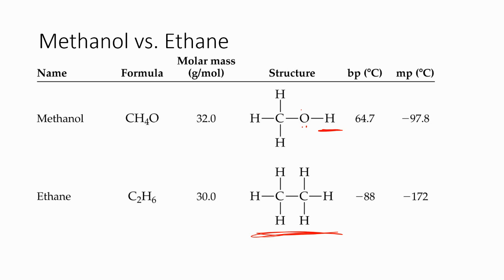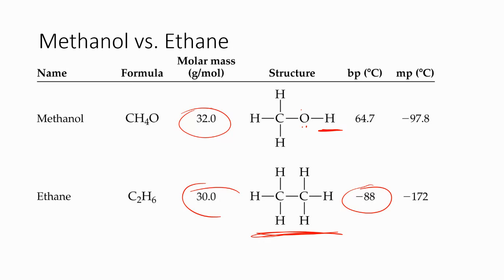Again, why? Because none of those hydrogens are bonded directly to O, N, or F. So I've got these two molecules. They're roughly the same molar mass. That means that their London dispersion forces should be about the same. And yet, we see that you can boil ethane at negative 88 degrees Celsius. That's a relatively low boiling point. It means that it's pretty easy to break the London dispersion forces that we see in ethane.